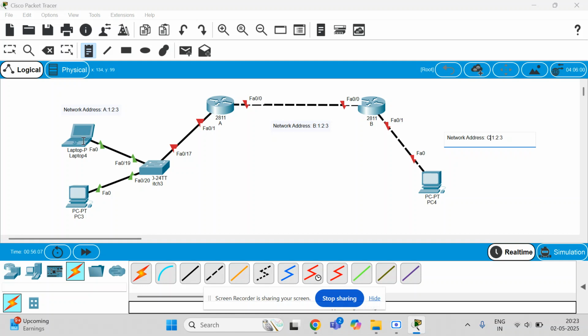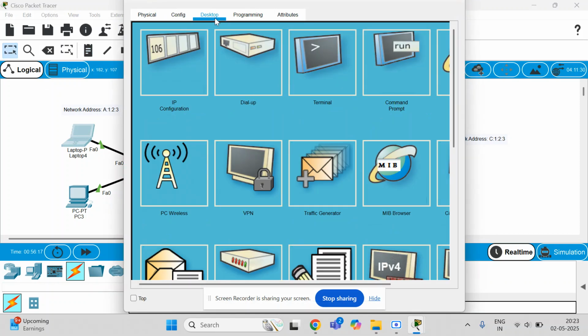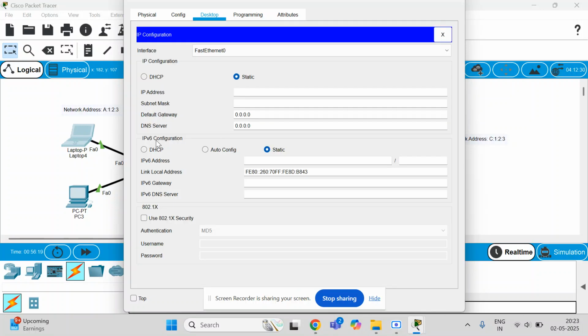So now I am going to configure. I am giving IP addresses to the machines first. Open the machine, desktop, IP configuration. Here IPv6 configuration, A colon 1 colon 2 colon 3.